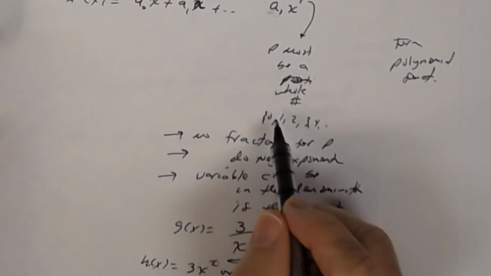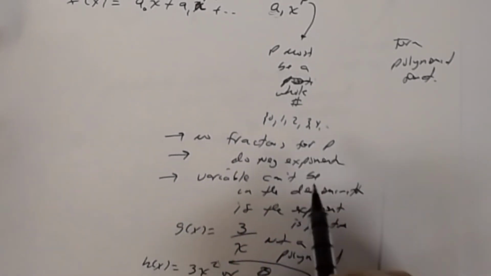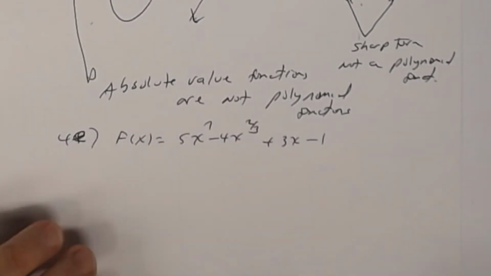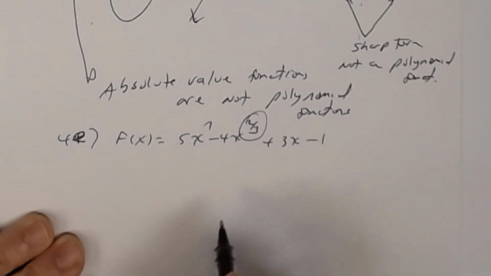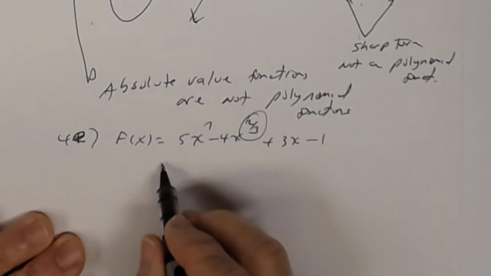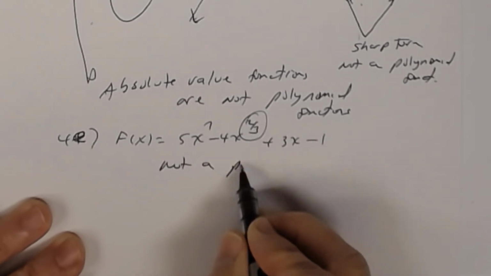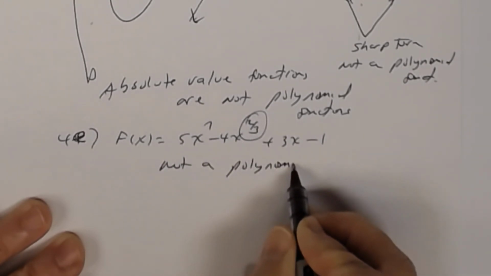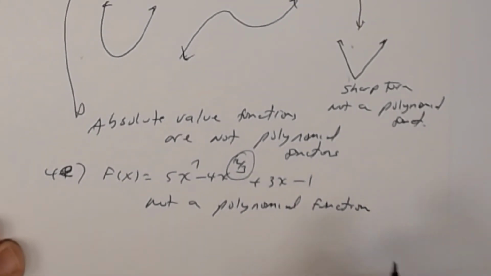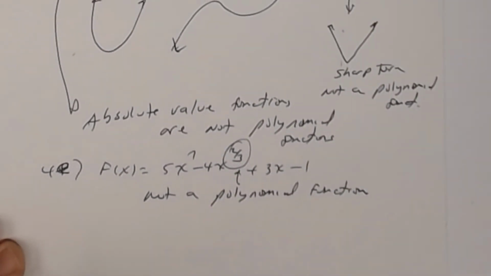So you can think of this as positive integers and 0. Notice that 2/3 is not an integer, okay? Even though it's positive, this is not a positive integer. So this is not a polynomial function, because of that 2/3.